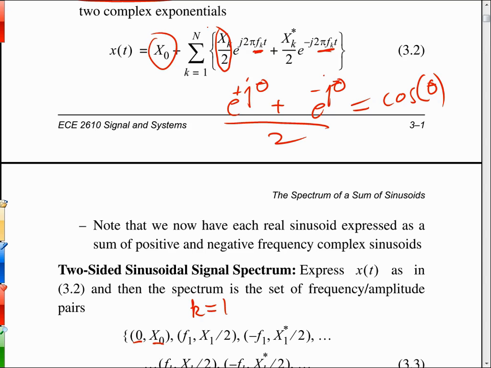So we have x1 over 2 at plus f k, and then from this other term over here, from the negative frequency term, we have an x1 conjugate over 2, and that's at the negative frequency.